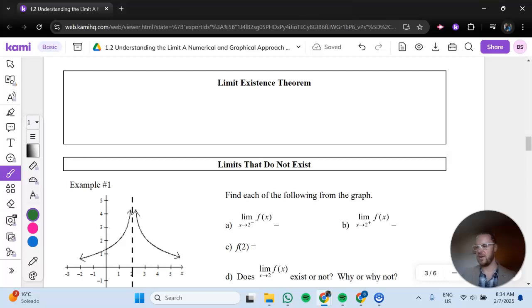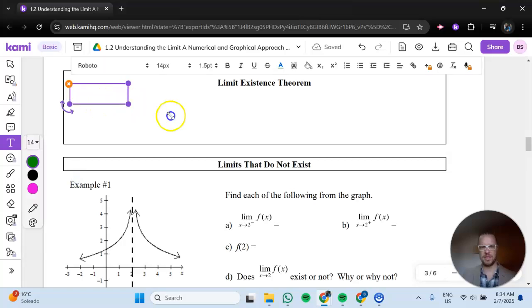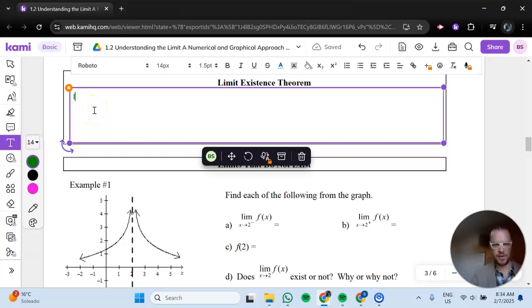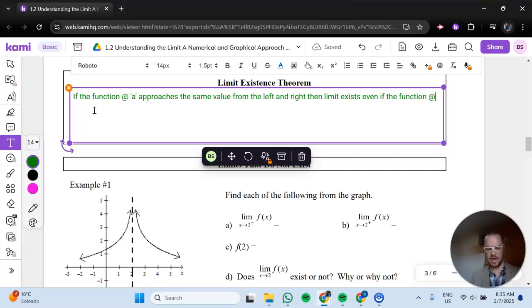So let's actually write out then what our limit existence theorem is here, okay? So how do we know that the limit exists? Well, let's write that out. So what we've got is if the function at a approaches the same value from the left and right, then the limit exists even if the function at a is different or does not exist, DNE.